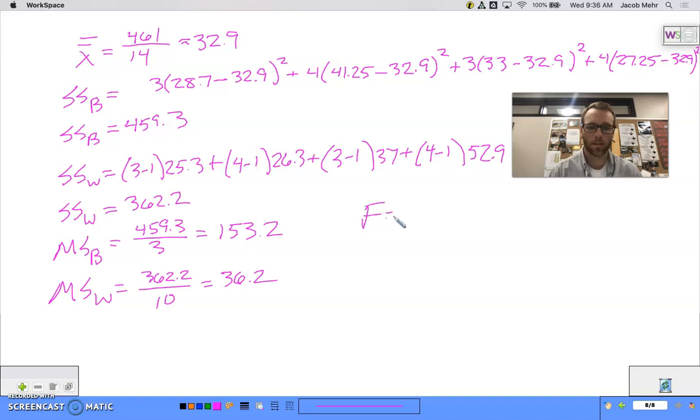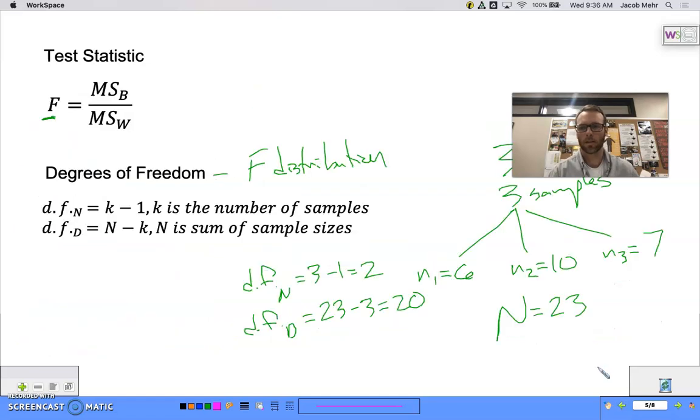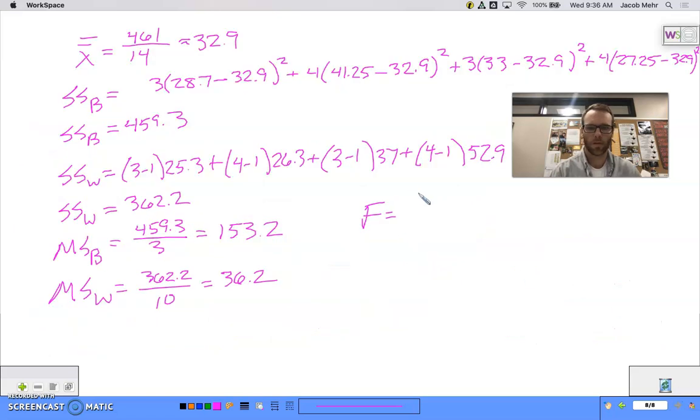Finally, we can find our test statistic, which is, going back, mean of the squares between over mean of the squares within. So that is 153.2 over 36.2, which is 4.231. All right, there's our test statistic.